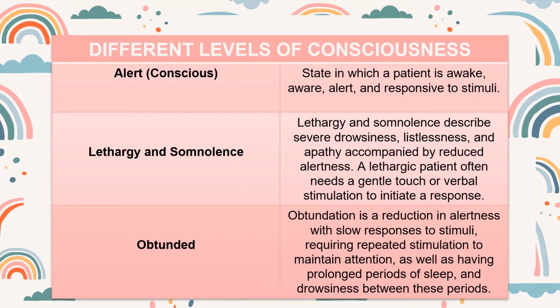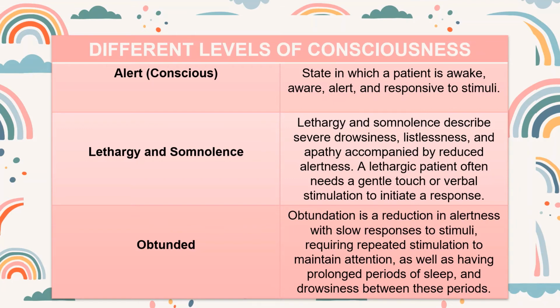A lethargic patient often needs a gentle touch or verbal stimulation to initiate a response. She may also follow some basic commands but is slow to respond. She drifts off again once she is no longer stimulated.